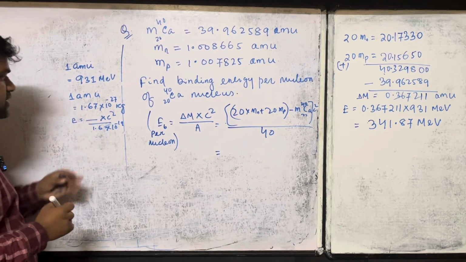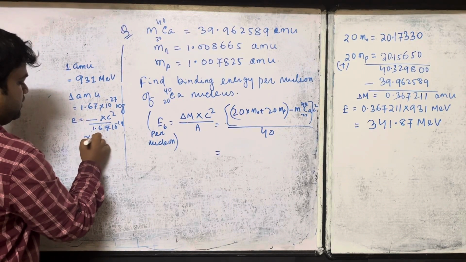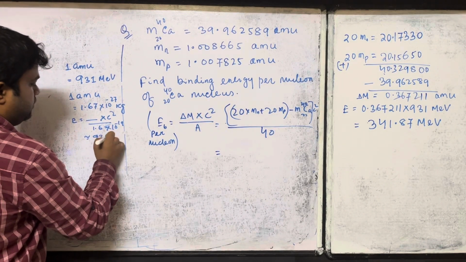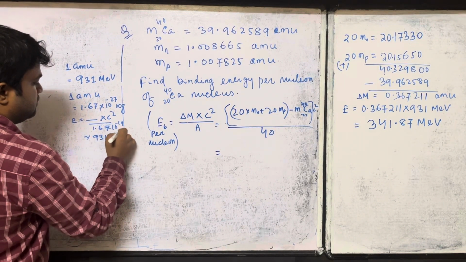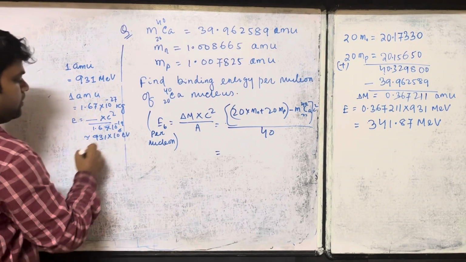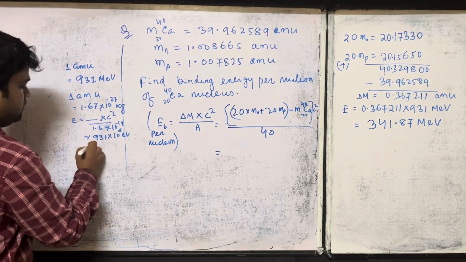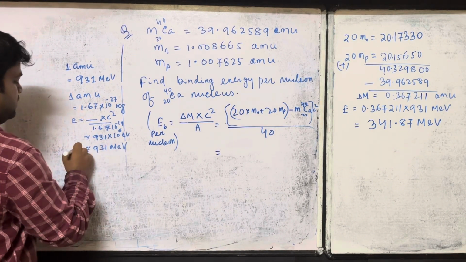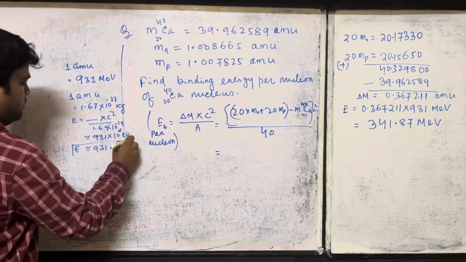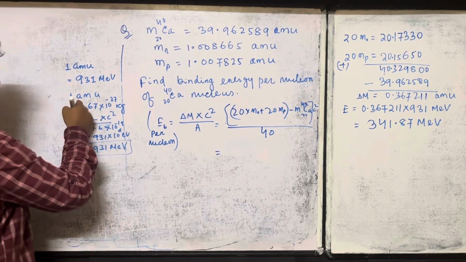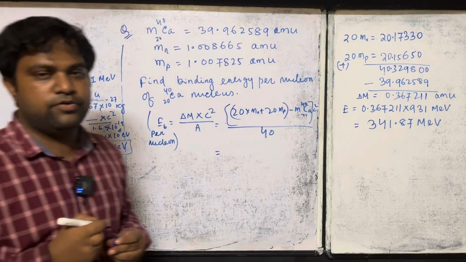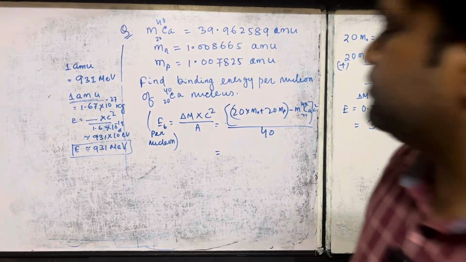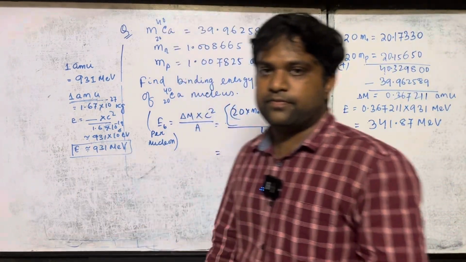When you divide that, you will get approximately 931 into 10 to the power 6 eV, and 10 to the power 6 is mega, so you will get approximately 931 MeV, that is the energy of 1 AMU. 1 AMU, atomic mass unit, is 931 MeV.